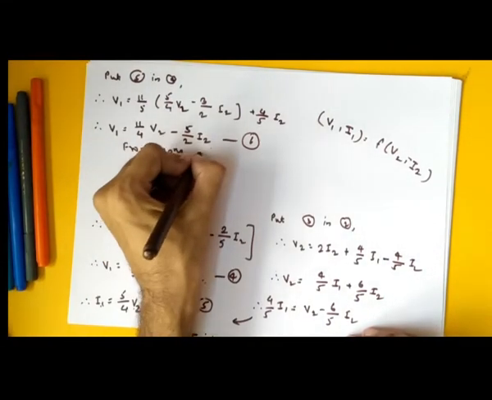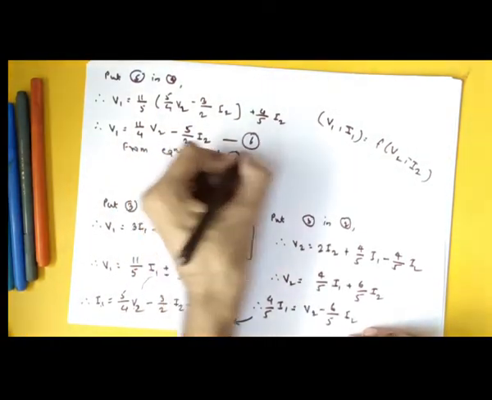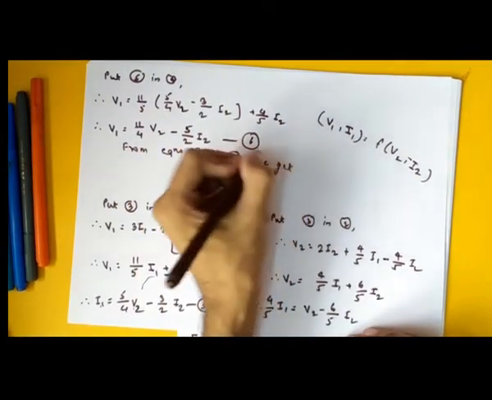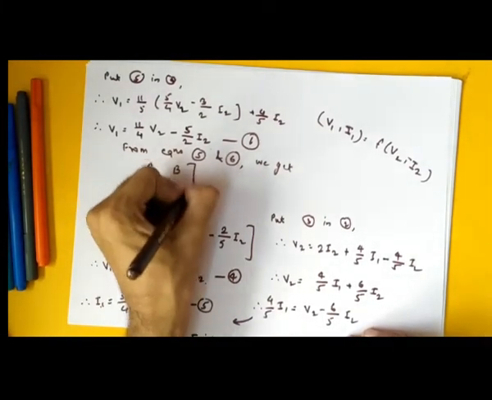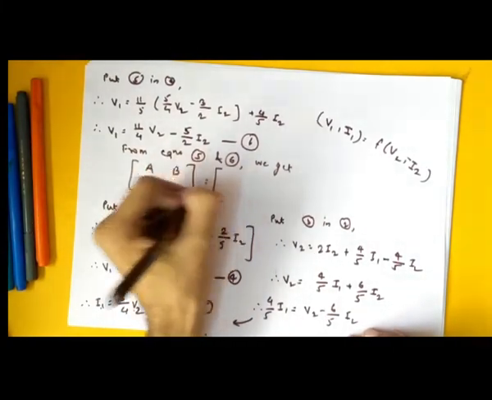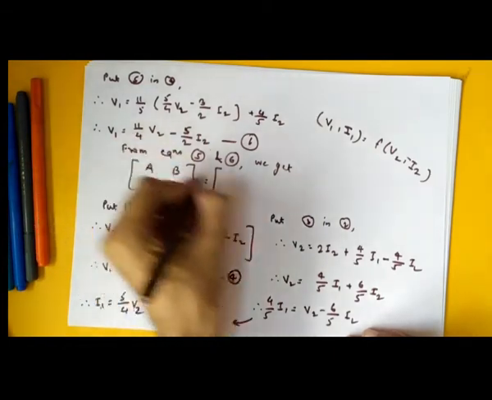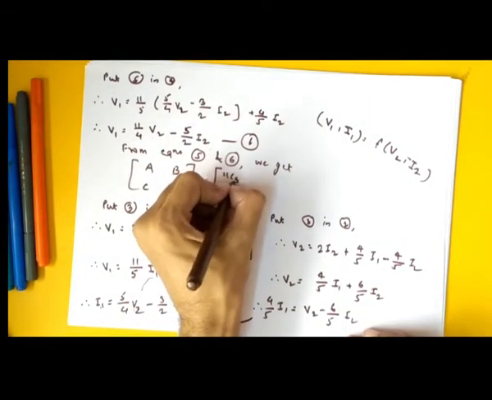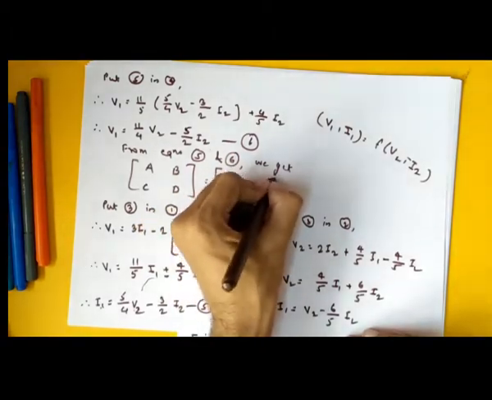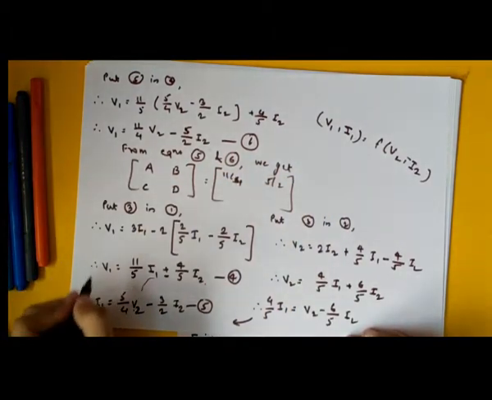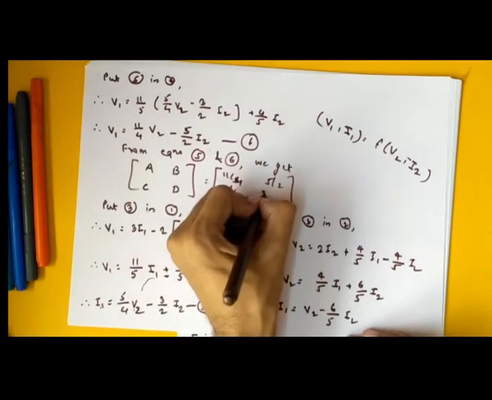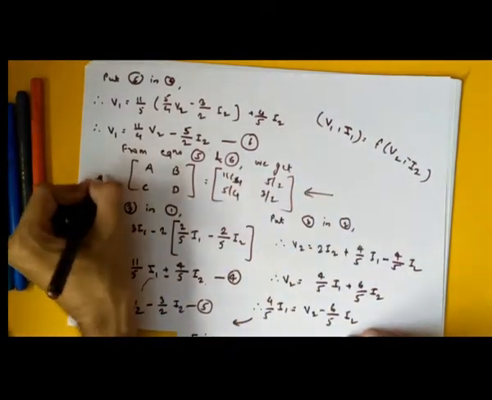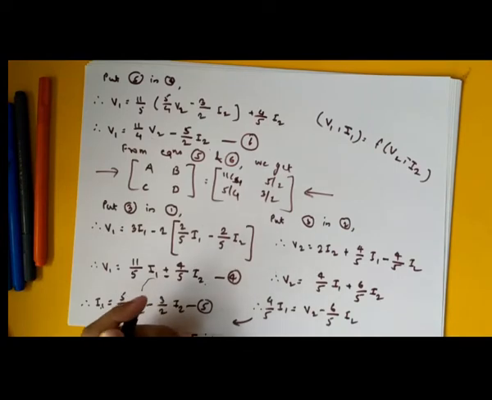From equations 5 and 6 we get A, B, C, D. So 11 by 4, 5 by 2. Again minus sign is not considered. 11 by 4, 5 by 2. Then 5 by 4, 3 by 2. Right? So this is our final answer. So this is the way we have to solve.